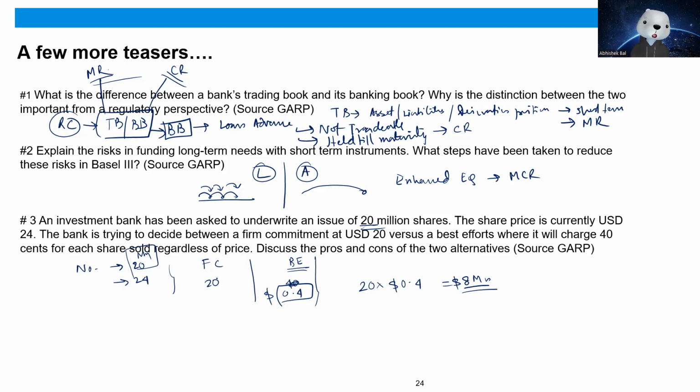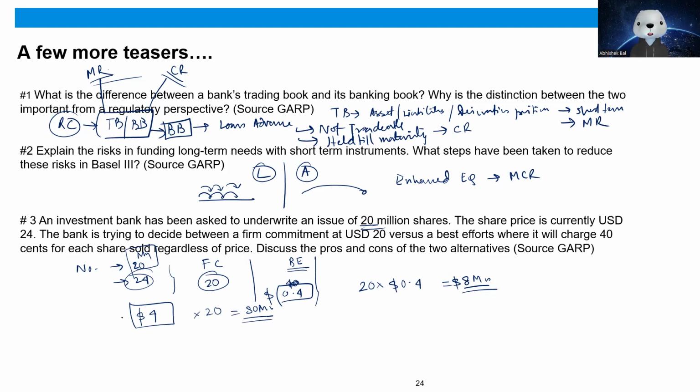On the other hand, in case of a firm commitment, the bank is going to buy this share at 20, thereby it can expect a spread of at least $4 a share. If the IPO goes through as intended, in this case, the bank is going to earn $80 million on this entire process. How? Because it will purchase at 20 and it will sell at 24.